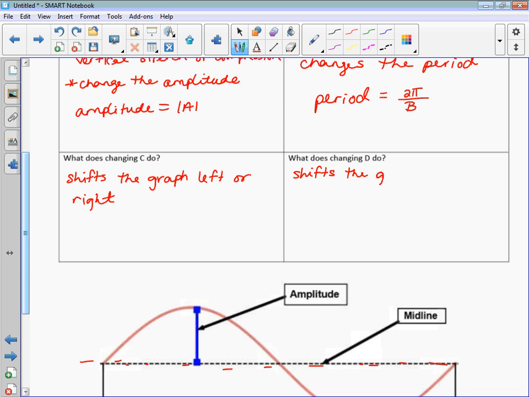So it shifts the graph and midline up or down. Okay. So far, so good. All right, turn the page.